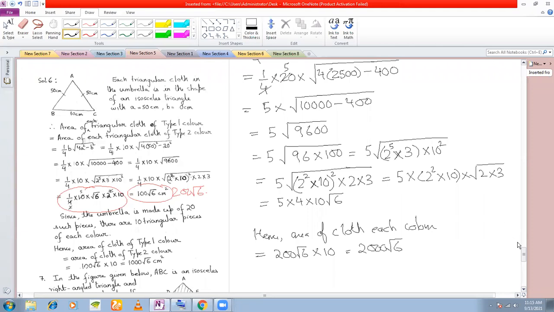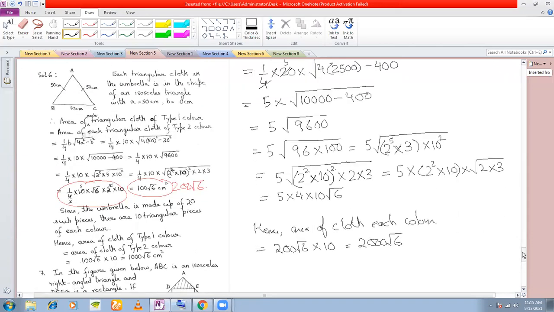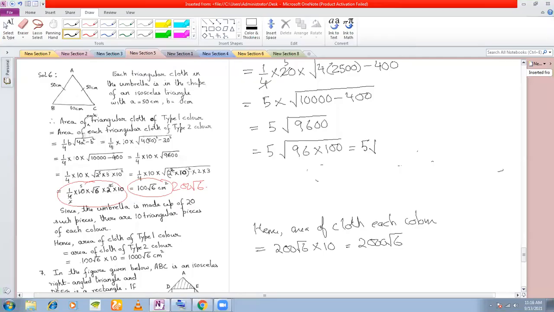Can you tell me the prime factorization of 96? Five root 96 into root 100. So this will be 5 into root 100 is 10, and this is 2 to the power of 5 into 3.